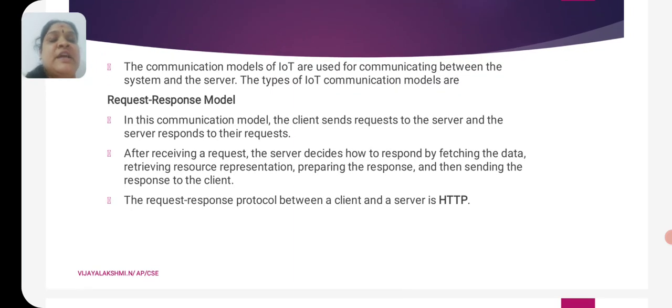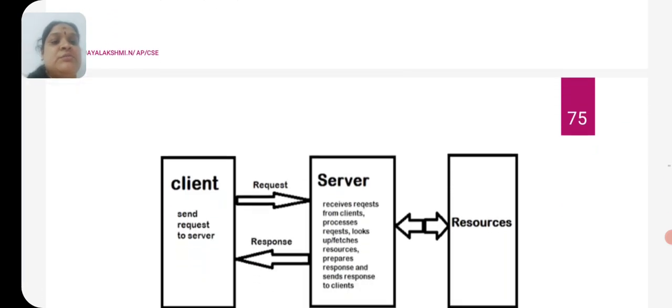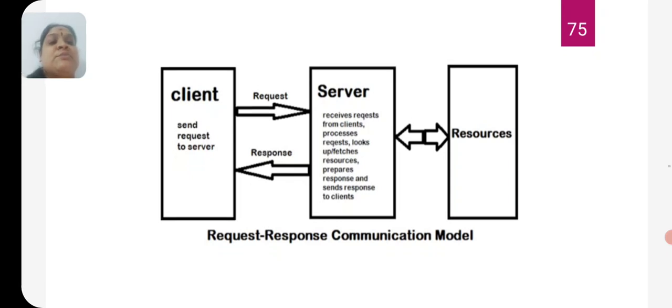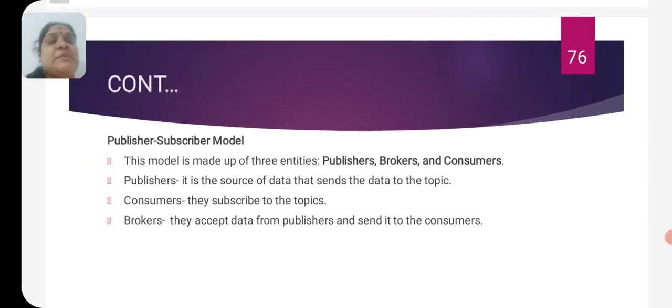This happens with the help of the HTTP protocol, that is, hypertext transfer protocol. So this is the basic diagram of the client sending a request to the server, and the server sends the response from the resources. It matches the data according to the client request, and responds back to the client.